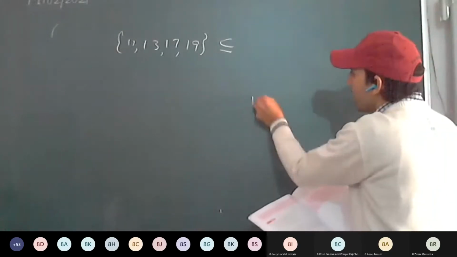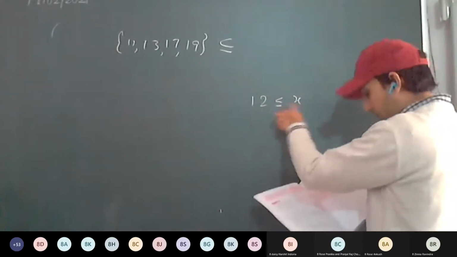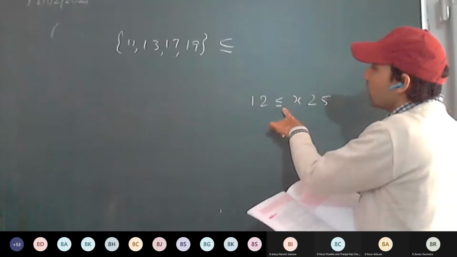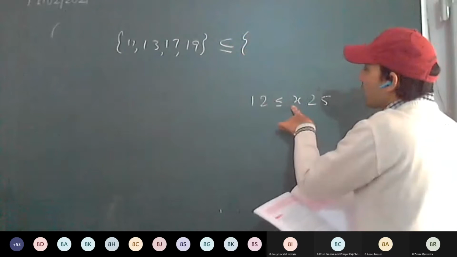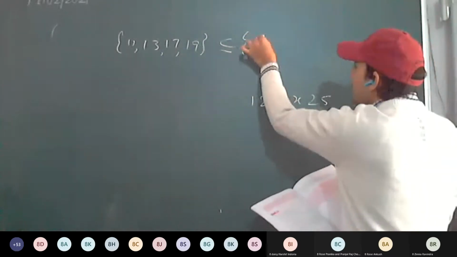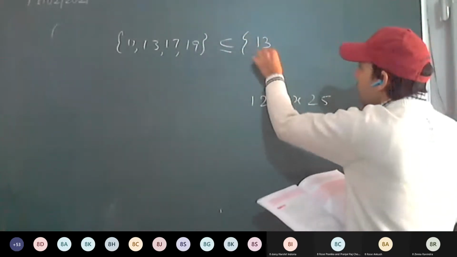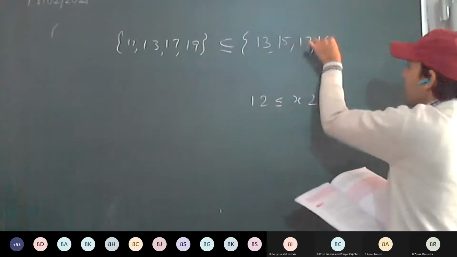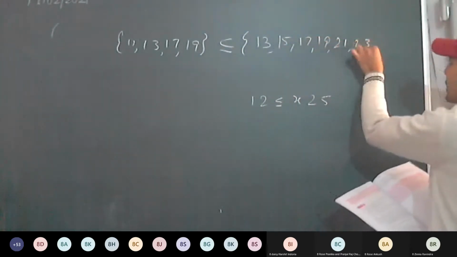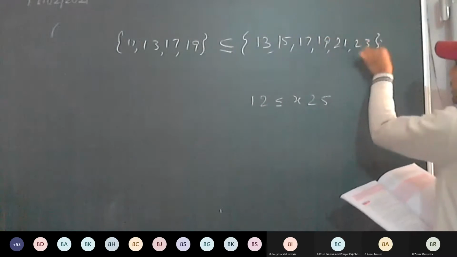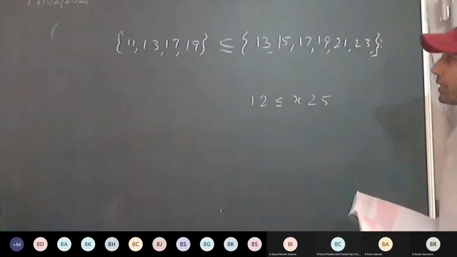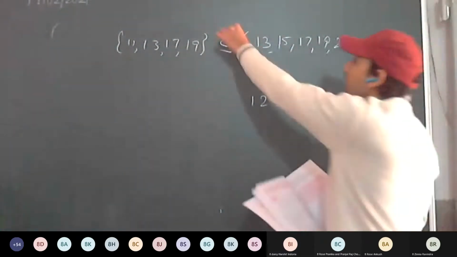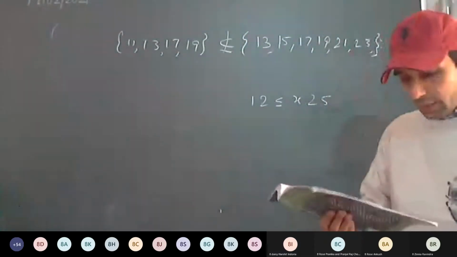Second condition, x must lie between 12 and 25. Odd numbers: 13, 15, 17, 19, 21, 23. So are they all present there? 11 is not present here, therefore it is not a subset.